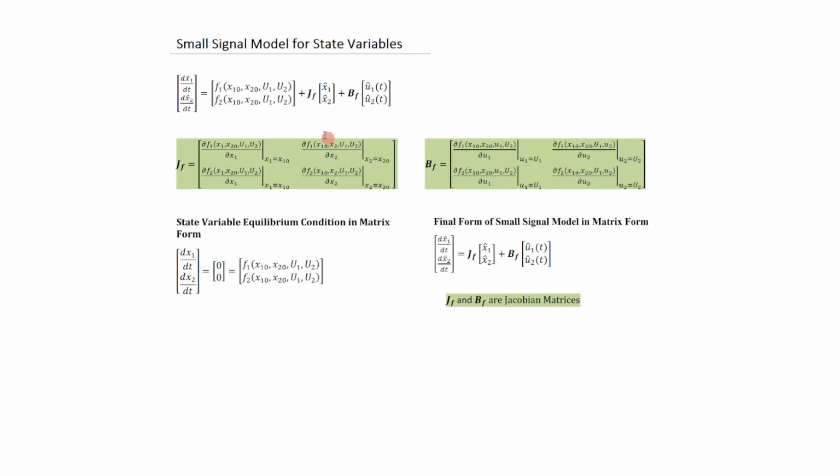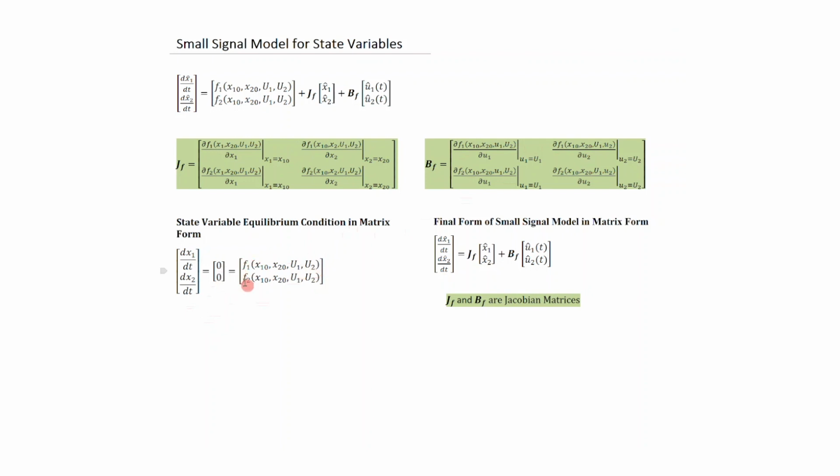And so we write everything out in a compact form. Here's the equilibrium value. Here's the first order term, involving only state variables, and involving only input variable perturbations. And the JF and BF are matrices. This is a Jacobian matrix, and this is a Jacobian matrix. We also have that the equilibrium value from previously, that dx1 by dt is equal to 0.